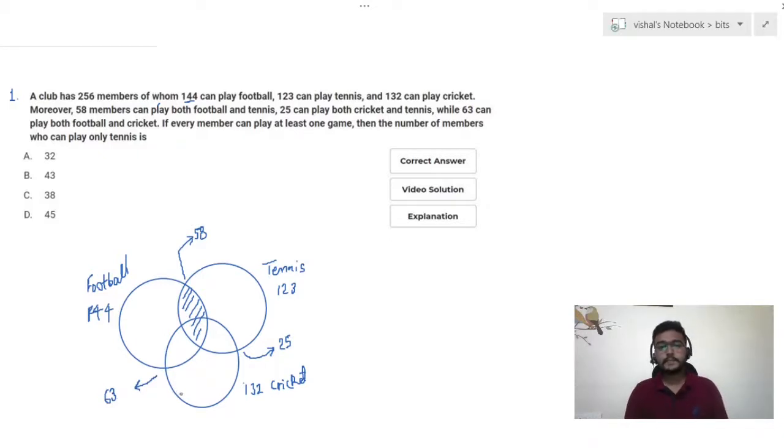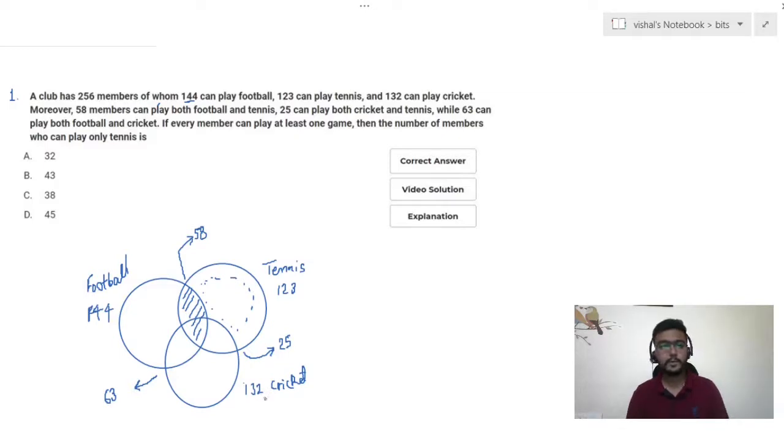Now it is asked, if every member can play at least one game, the number of players who can play only tennis. That means we are supposed to calculate only this area.